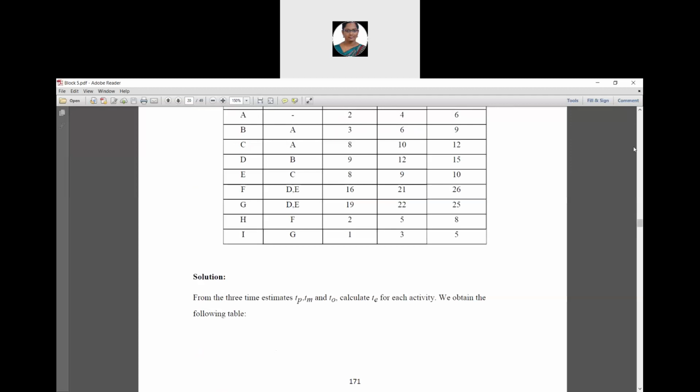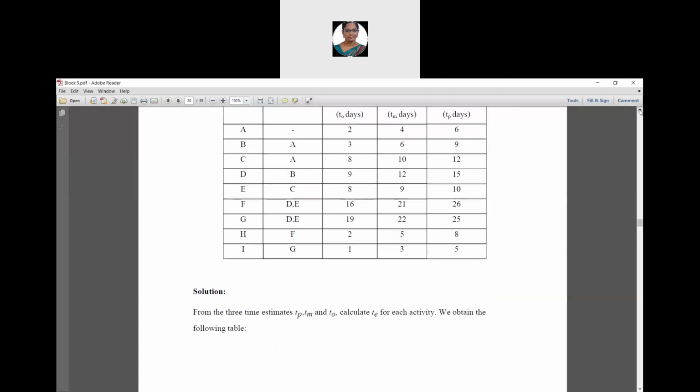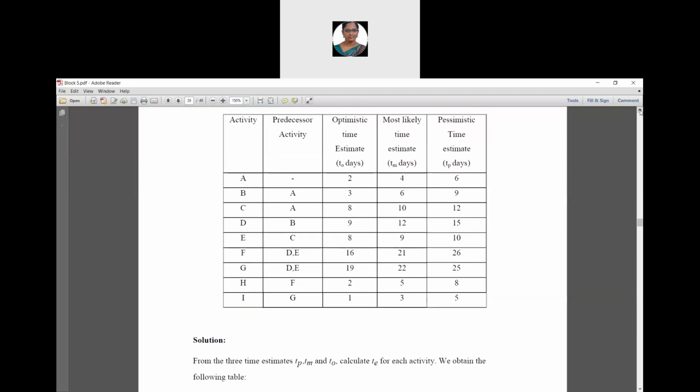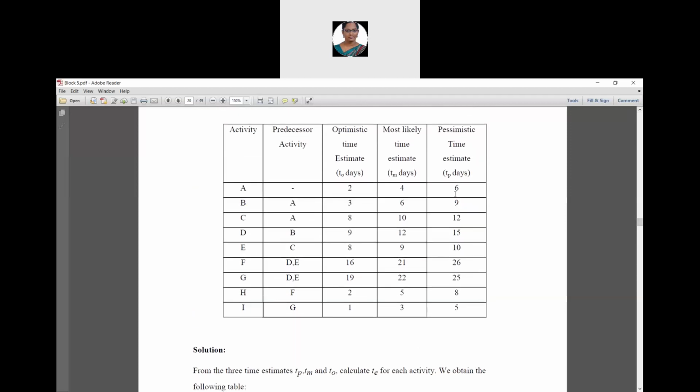In the table, the first column denotes the activity and the second column denotes the predecessor activities for the activity. The third column denotes optimistic time estimate values in days, the fourth column denotes most likely time estimate values, and the last column denotes pessimistic time estimate values in days.